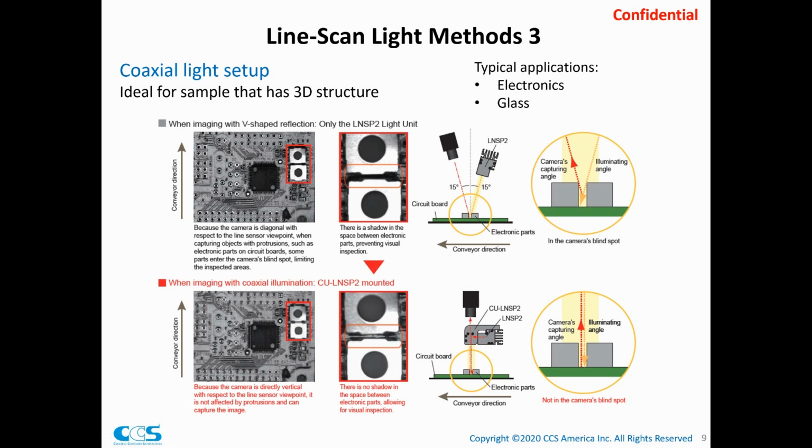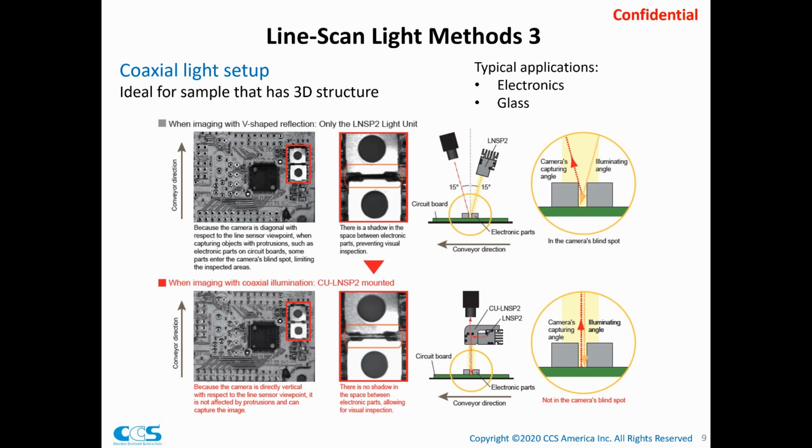Another very typical application beside the electronic PCB will be glass. Usually glass has some thickness, and if there's a defect on the glass, if we tilt the camera and the light, the defect will reflect on the top layer and the bottom layer of the glass and create some ghost image.